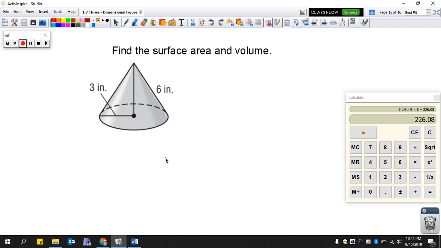Okay. Surface area and volume of a cone. Surface area of a cone is 3.14 times the radius times the slant height, and I'm just going to write that as slant.